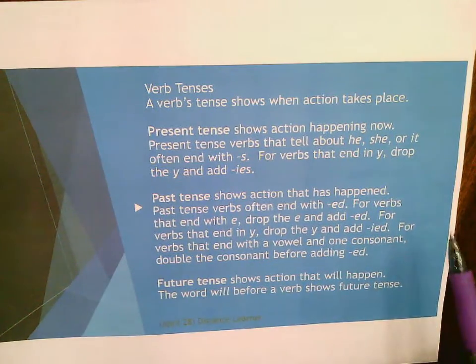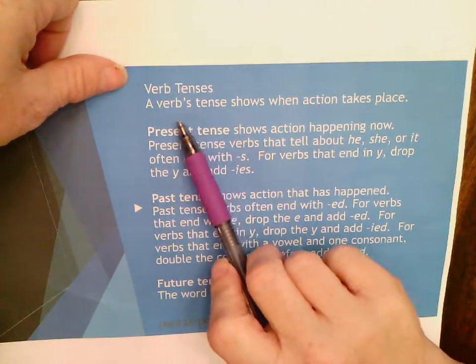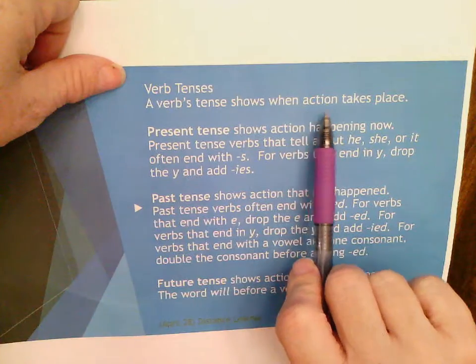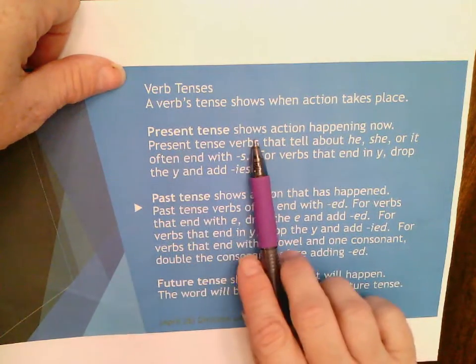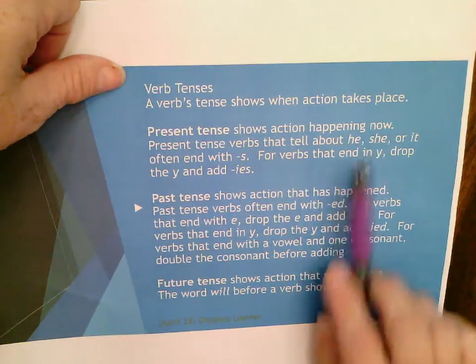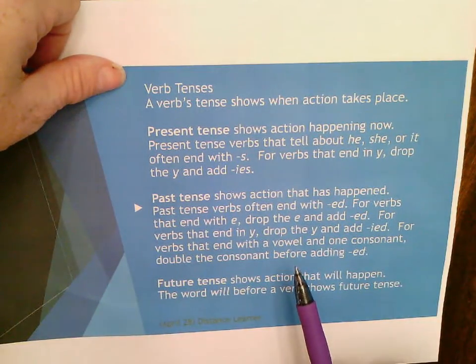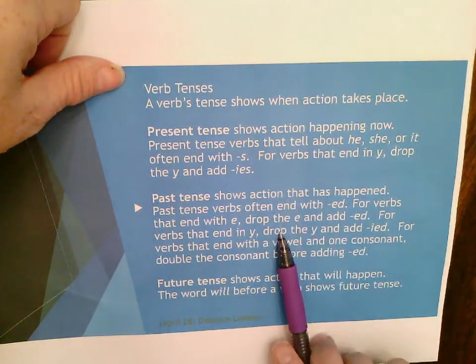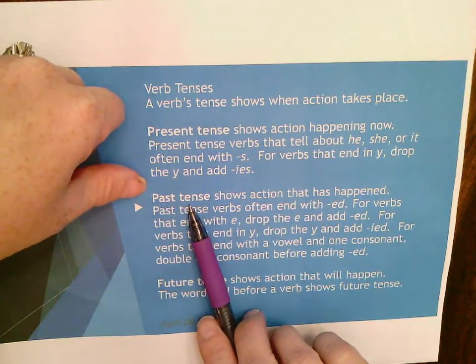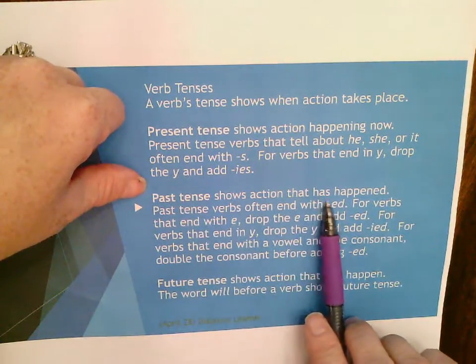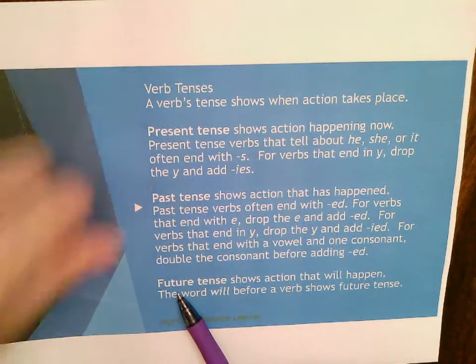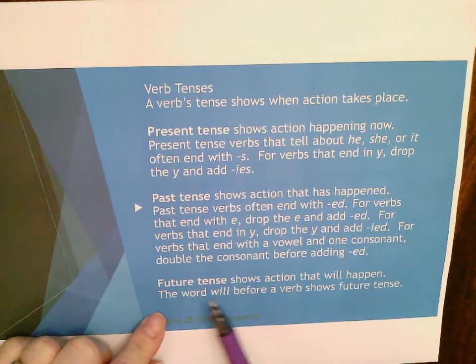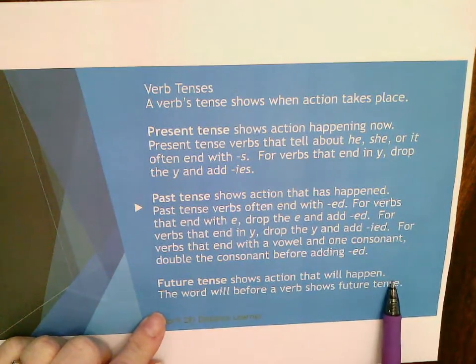Think time when you think verb tenses. A verb's tense shows when the action takes place. Present tense shows action happening now. And we're going to jump down to past tense, which shows the action that has happened already. It happened in the past. And dropping down to future tense, that shows action that will happen.